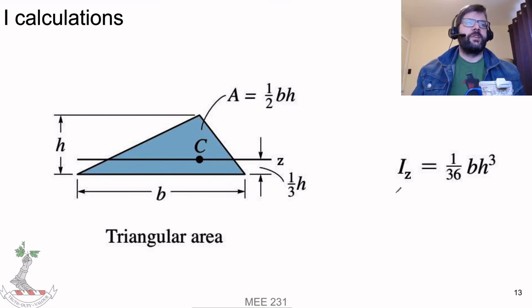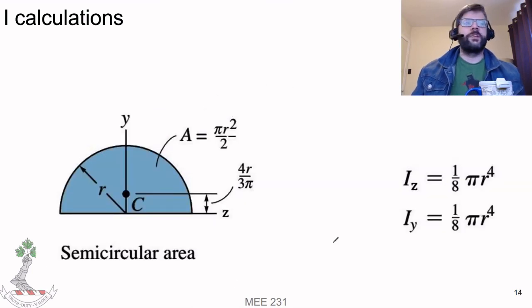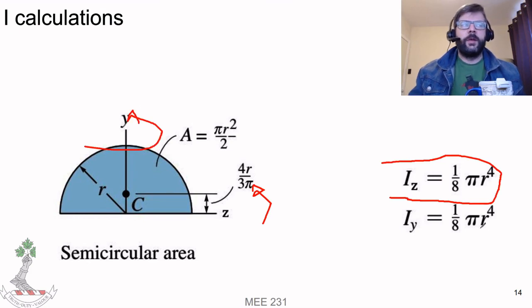Here's the calculation that you'd use for a triangle, again about this axis. Semicircular area, about this axis for Z, about this axis for Y. They're the same thing.